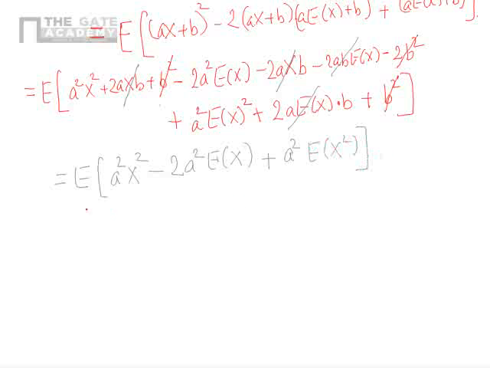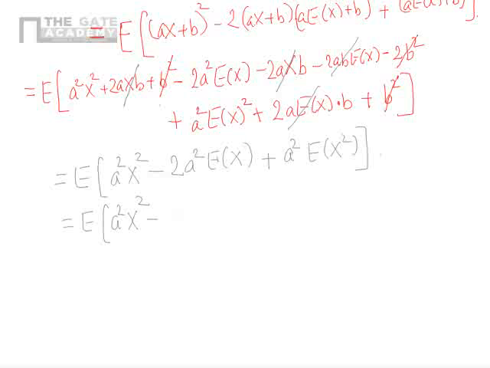Correct? a square x square minus 2a square E(x) plus a square. So this is nothing but E(a square x square) minus... what you will get here? This should be minus, one second.